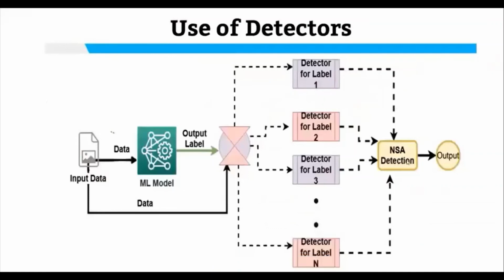At runtime, it works like this: input data comes to the ML model, I get the output label, and as I have the output label and the input data, I check whether they fall in the negative detector. If the label is 1, I check with the negative detectors for label 1. Is it an outlier or not? If it is an outlier, I stop it, as there is a possible Trojan AI or a misclassification, and if it's not, it goes to the output.